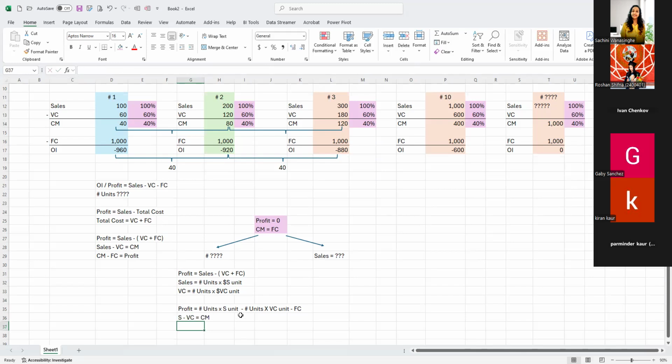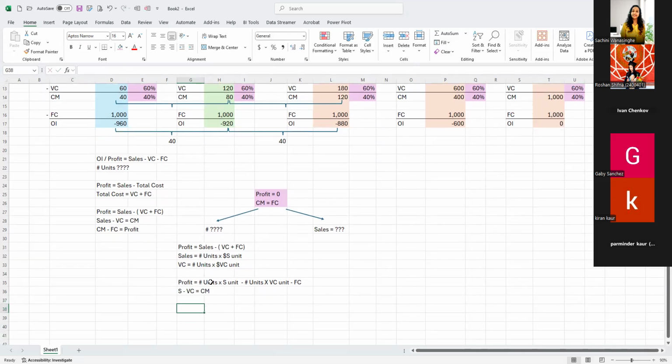Now, what's going to happen if I take only this part of the formula, and what is this part of the formula going to give me?